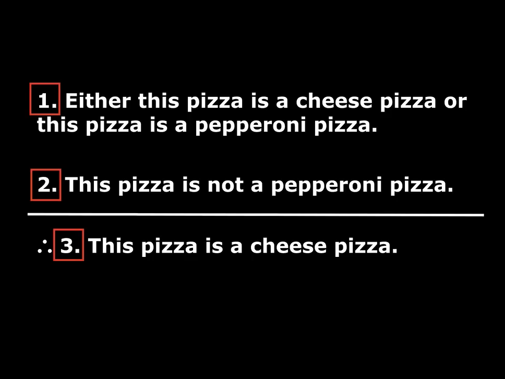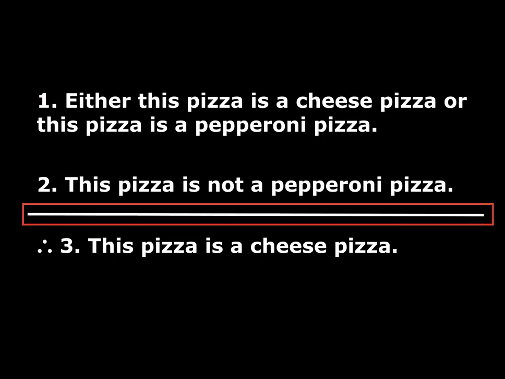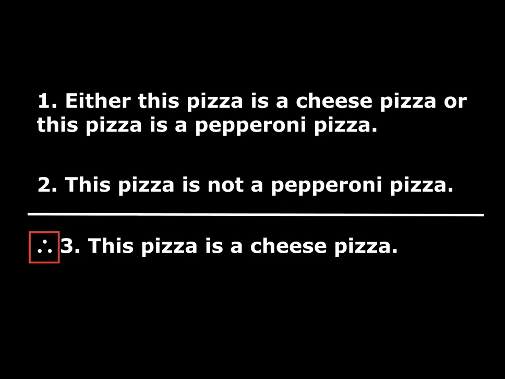I've numbered all of them, and I've put the premises first and the conclusion last. That's going to be standard. I've also got this line here separating the premises from the conclusion. And I've also got this triple dot, which is the first symbol that we have. We're going to get a lot of symbols in this course. This means therefore. So it's a way of marking off the conclusion of an argument.